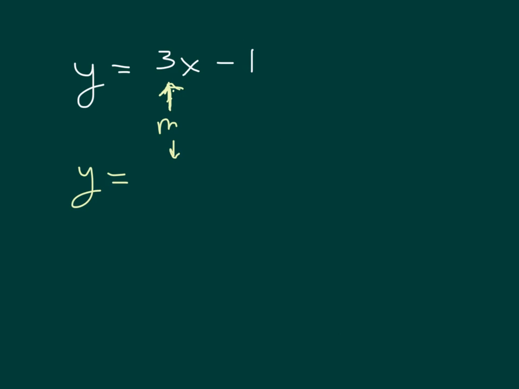And the farthest we can get away from 3 would be a negative number. And instead of going up 3 over 1, we'd want to go up 1 over 3. We'd want to go in the reverse direction. So this is how you create an equation that is perpendicular. You need slopes that are negative reciprocals.